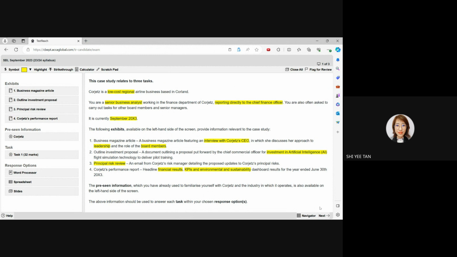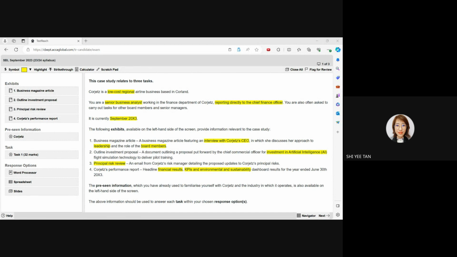You can do so. Some students are still comfortable with reading all the tasks first, especially those who have taken the 4 hours paper to do the preparation. You are more used to reading all the tasks, then reading the exhibits. If this is the case, of course you can read all the tasks first, no issue on that.